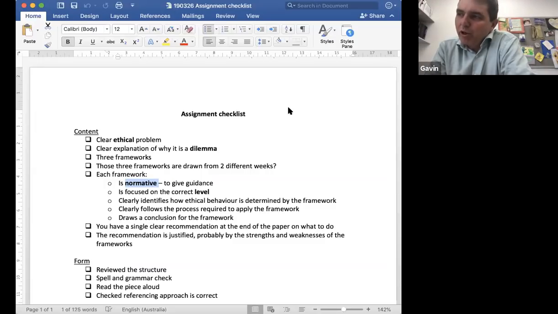Each framework should come up with a clear conclusion about what the framework says is ethical or not. Okay, so each framework should have a clear, is it ethical or is it not, based upon this framework. But then at the end of that, you have to come up with a recommendation about whether you should do it or not. So that's how I would answer that question.